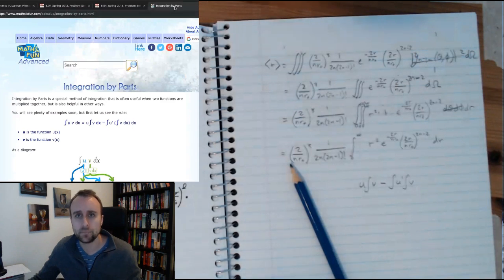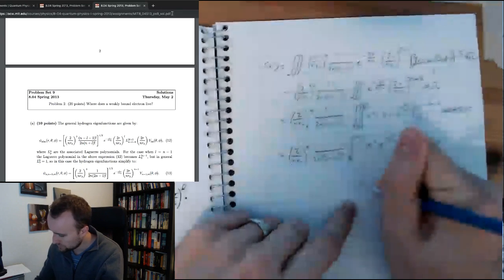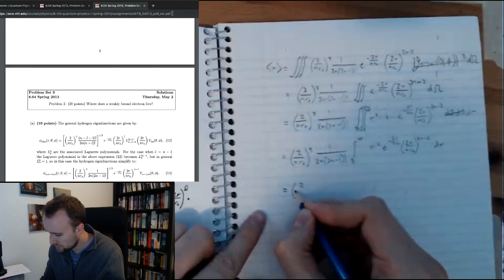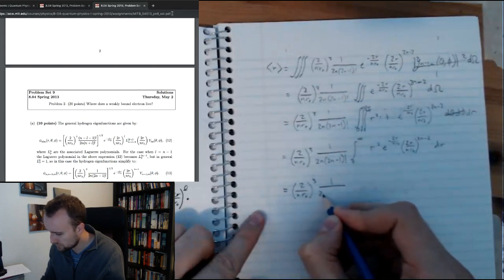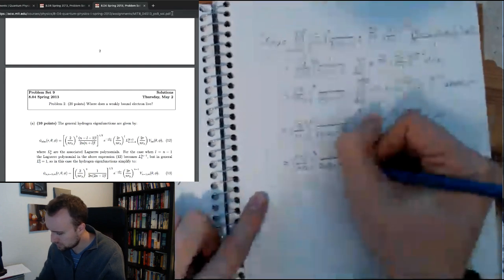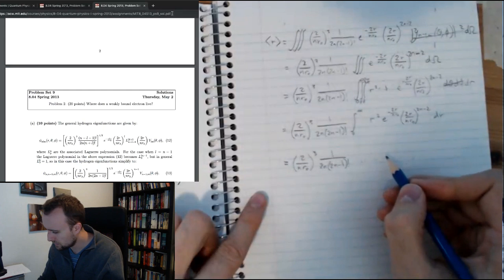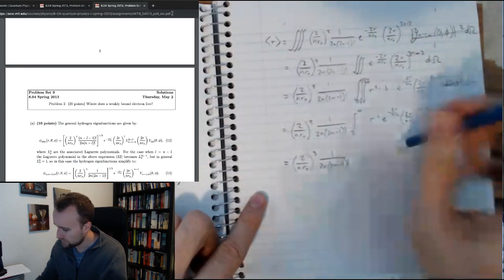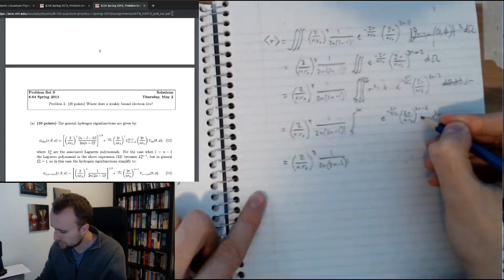Yeah, okay. So if we do integration by parts, what can we change this to? We'll go over n rho naught cubed 1 over 2n minus 1 factorial. And we're going to have, well, let's put this here.